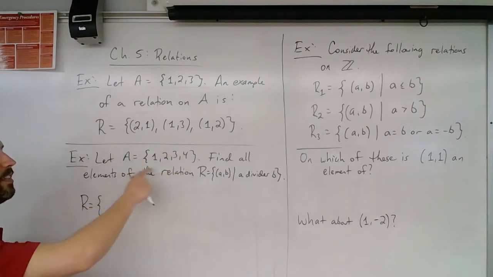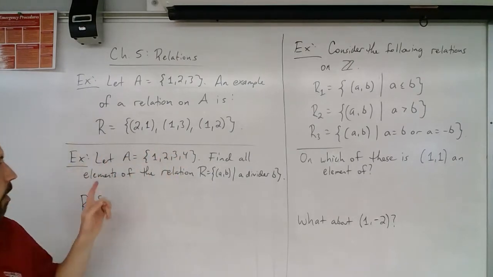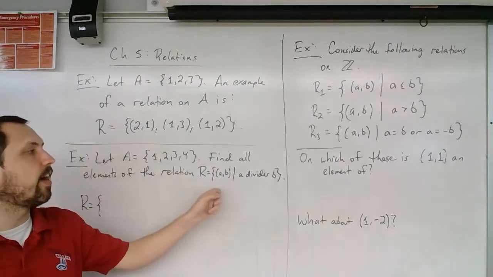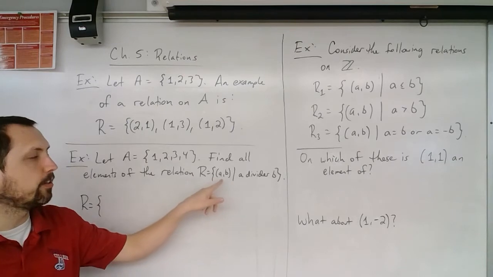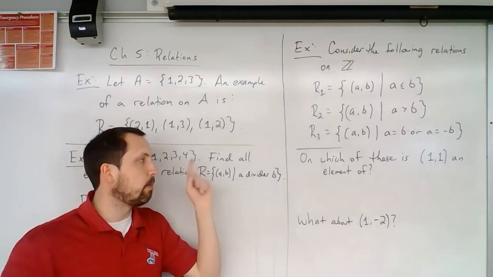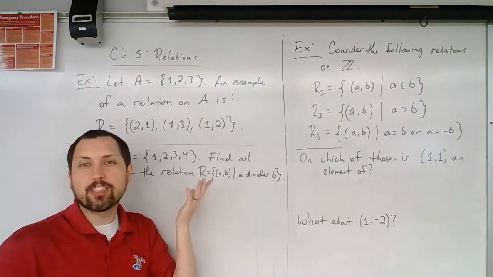Let's take a look at an example then. If A is the set {1, 2, 3, 4}, we'd like to find all of the elements of the relation R, where we're defining this as the set of all ordered pairs (a, b) such that a divides b. Remember, when we look at sets, we have set builder notation. We can think about that as the "such that" bar.